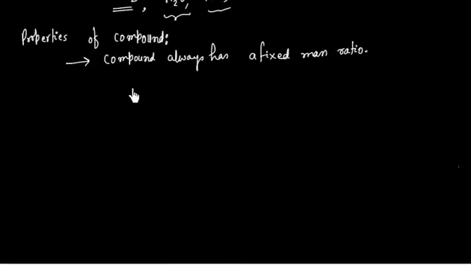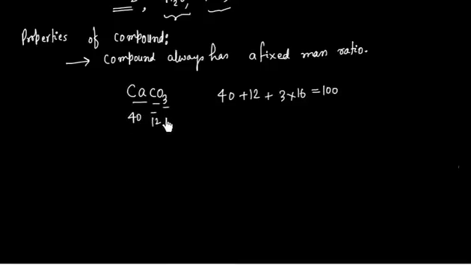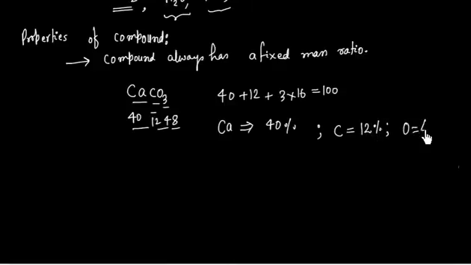Something like if I take a heavy compound CaCO3, the molecular weight is 100: 40 plus 12 plus 3 into 16, so this is 100. Now this contains 40 gram calcium, 12 gram carbon, 48 gram oxygen. This mass percentage is always fixed. So CaCO3 will always have 40% of calcium, this is 40 divided by 100 into 100. It will have 12% of carbon. It will have 48% of oxygen. So this is fixed.